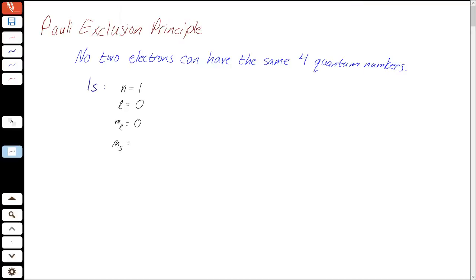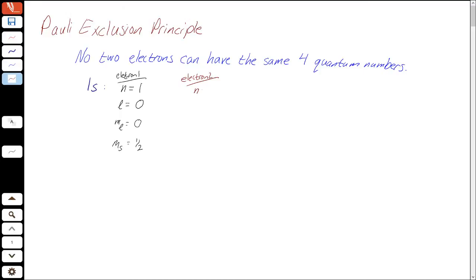So let's say we've got an electron in a 1s orbital that has these 3 and has an MS of plus 1/2. Now let's say we want to put another electron in the 1s orbital. Question is, can we do it or not? So let's call this one electron 1, and then let's have electron 2.